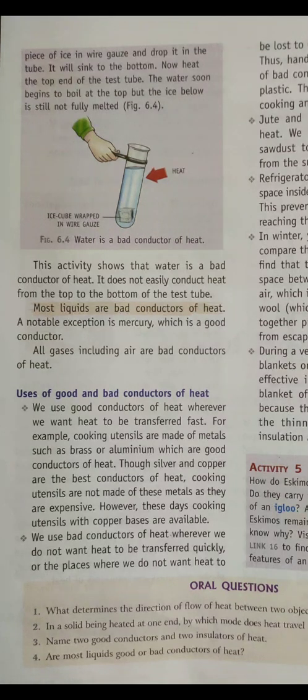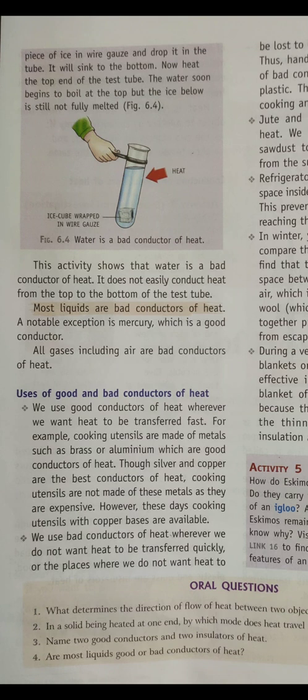From this activity we can say that heat energy from the top is not transferred to the lower part of the test tube. That's why the ice cube does not melt. This activity shows that water is a bad conductor of heat.